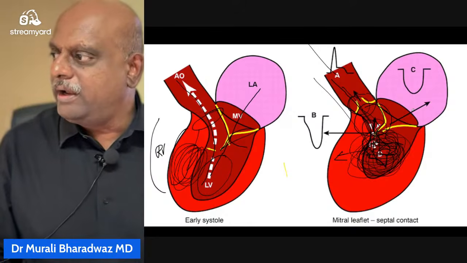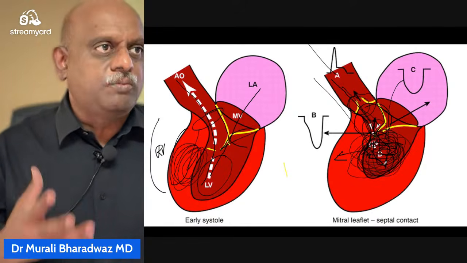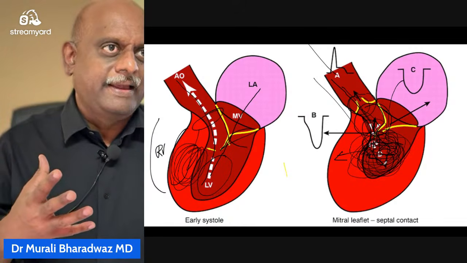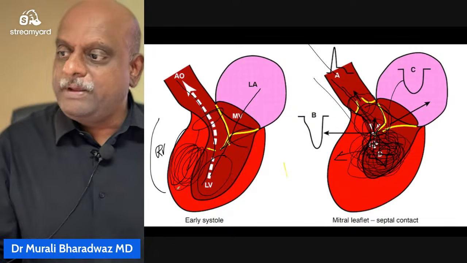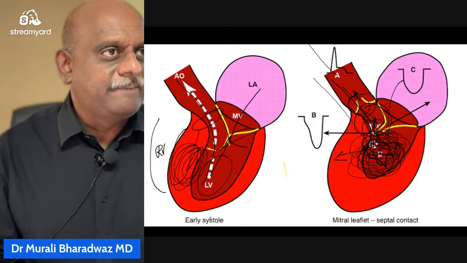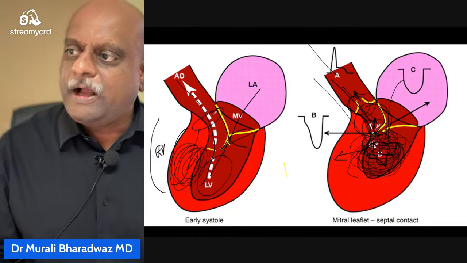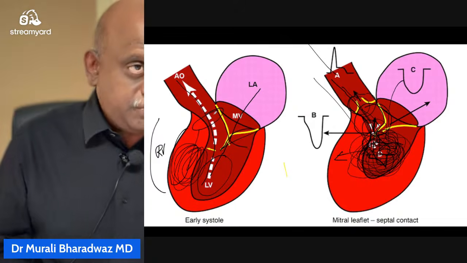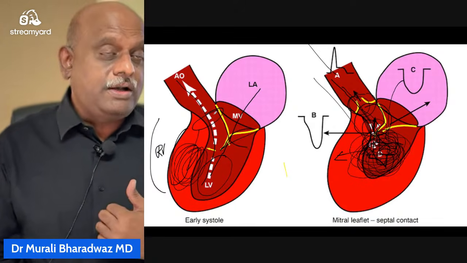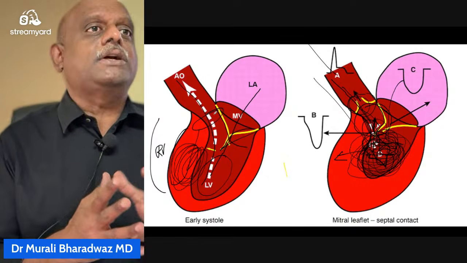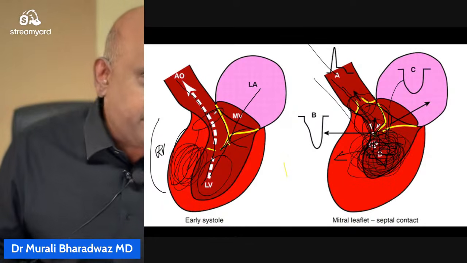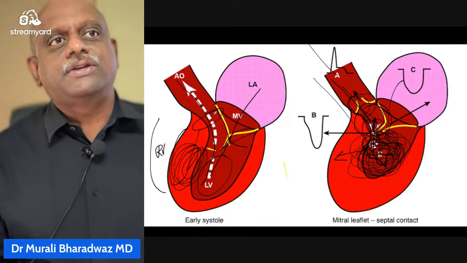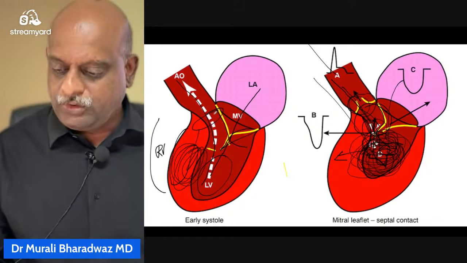Agree? Or if the filling of the ventricle is more, and the size increases, then also the obstruction will be gone. That's the reason the obstruction that you see in HOCM is called dynamic obstruction, not a static obstruction, unlike in aortic stenosis. Clear? Okay.